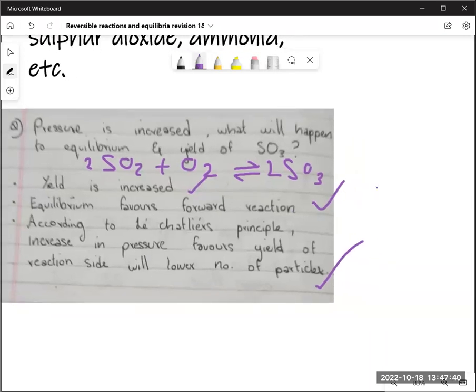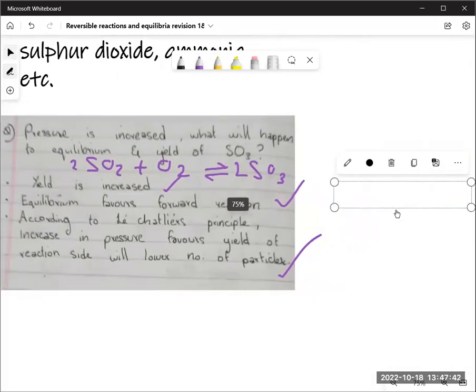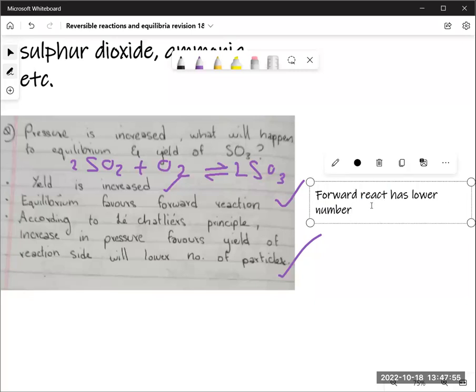Now, if I had to rewrite it, I would just do one thing. I'd first say forward reaction has lower number of particles. I would say this separately, because Manvi, in your answer, you haven't said this. You have to clearly state which side has lower number of particles, and we'll say this forward reaction has lower number of particles.